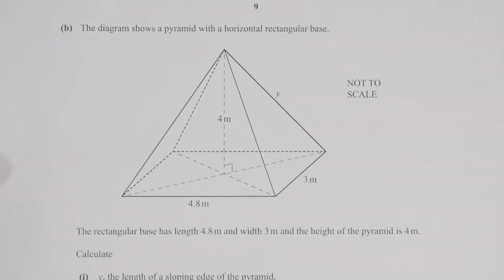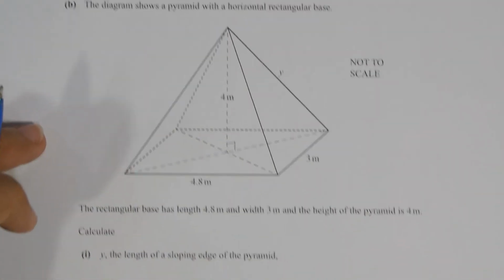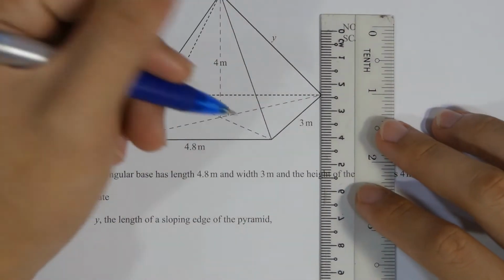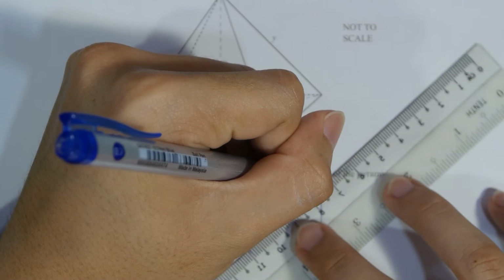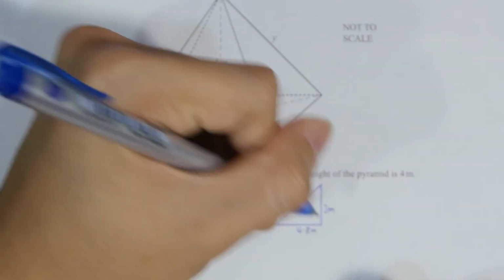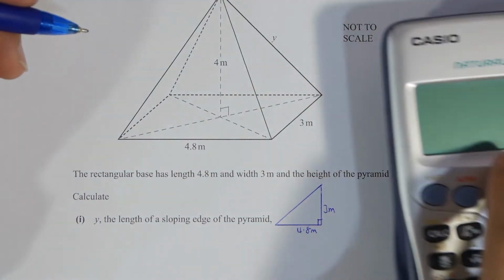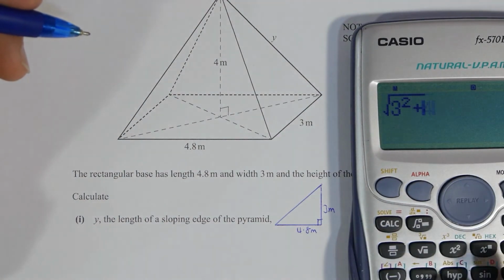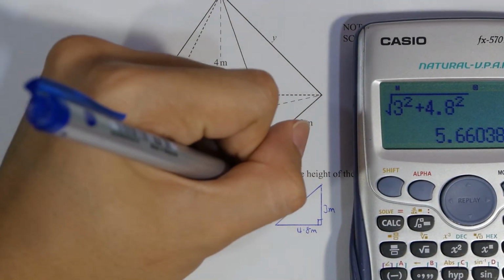So for part B, find the length of the sloping edge of this pyramid. So the first thing that I did was I identified the base of the triangle using 3 and 4.8.